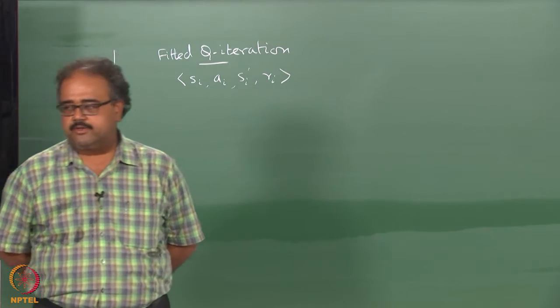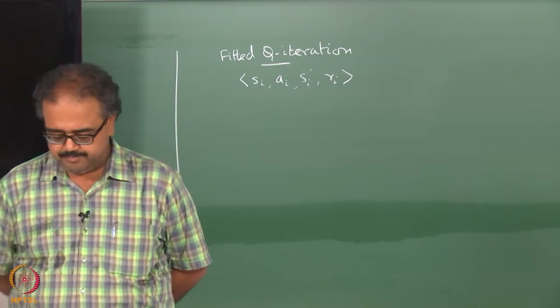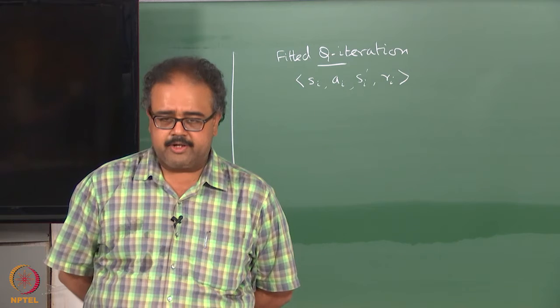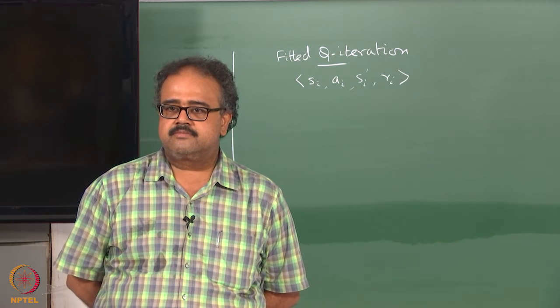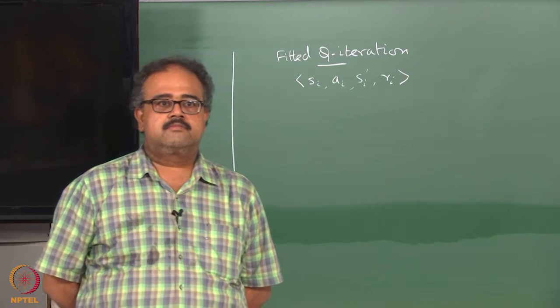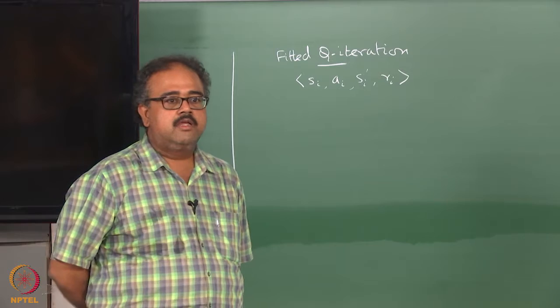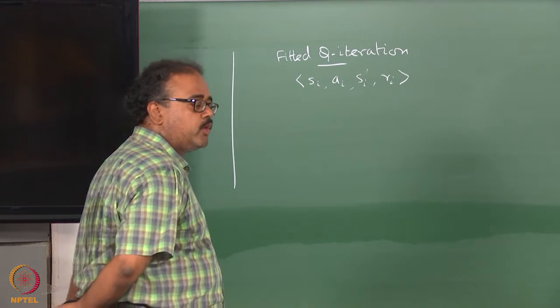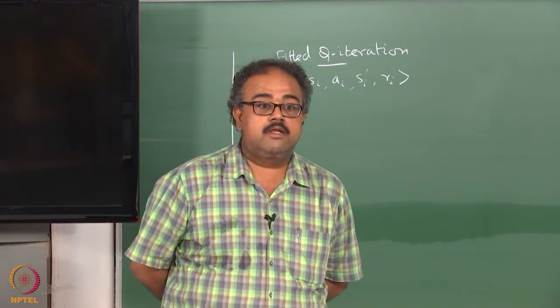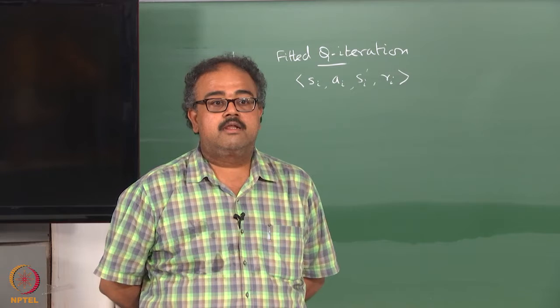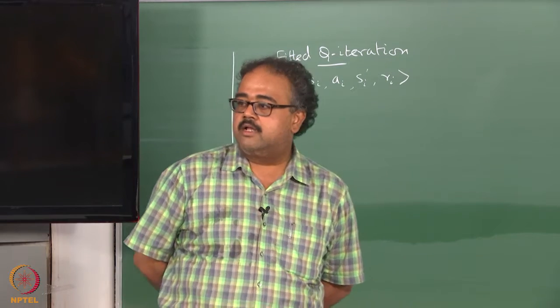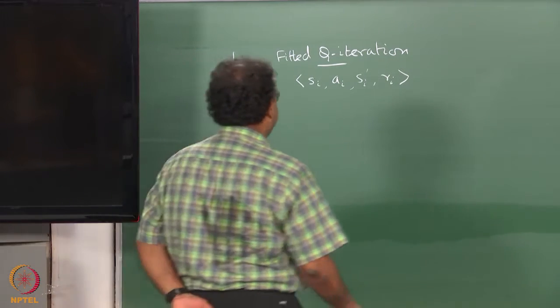So, this is exactly what you do in LSTD, and what do you do in fitted Q iteration? You generate data from the initial Q that you have and then learn the... So, essentially you learn the thing.